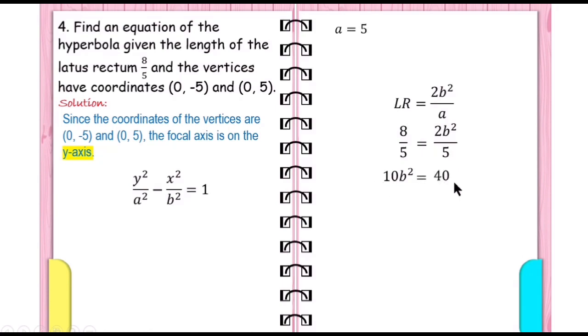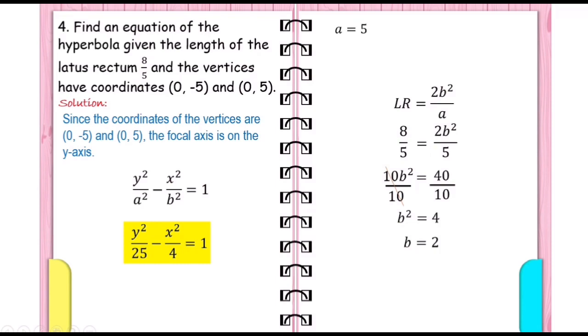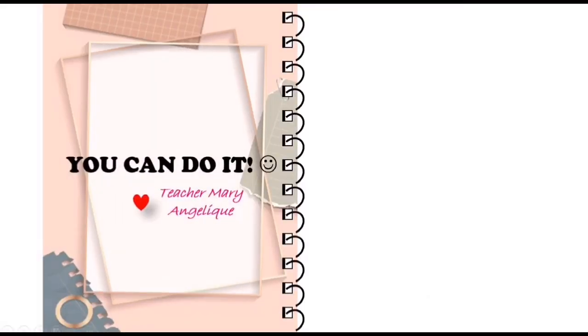Divide the equation by 10, we have b squared equals 4. 40 divided by 10 is 4. Therefore, b is equal to 2. The square root of 4 is 2. Thus, the equation of the hyperbola is y squared over 25, 5 squared is 25, minus x squared over 4, 2 squared is 4, equals 1. And that is all about hyperbola with center at the origin.